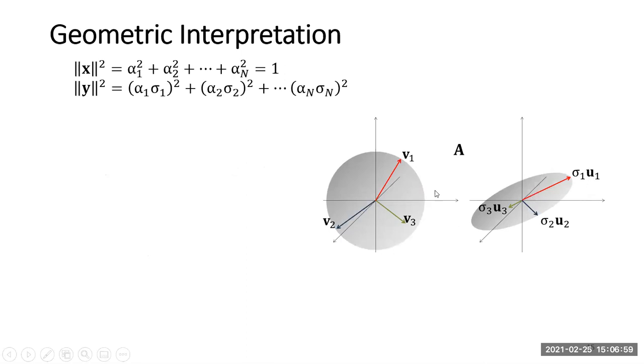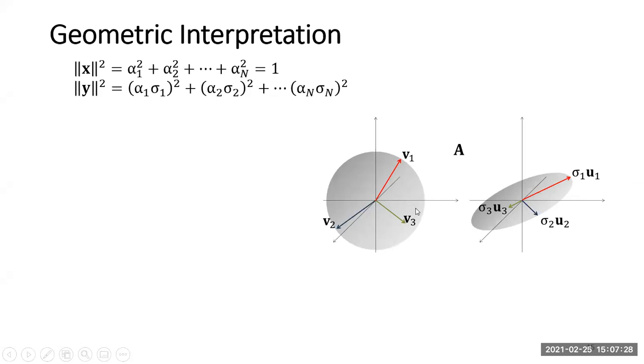This is the projection of this unit sphere, this m-dimensional hyperellipsoid, and this is the direction of the maximum amount of stretching. And what is the amount of stretching? If you take a unit vector x, then the length of y would be sigma 1.